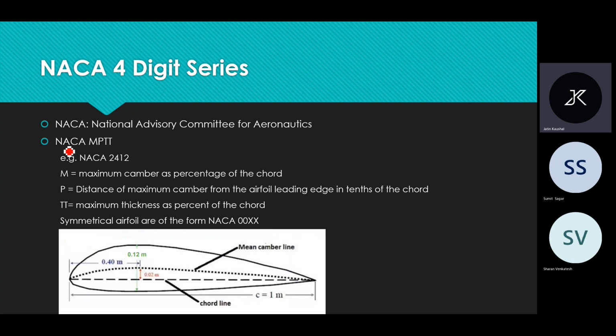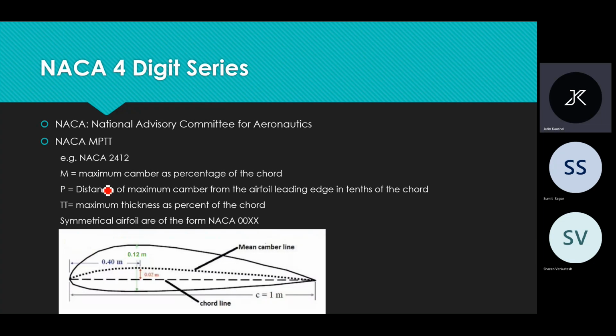The basic structure of the 4-digit series is NACA MPTT, for example NACA 2412. What is MPTT? You will know the structure of the airfoil by now. M is the maximum camber as a percentage of the chord. Camber is a curvilinear line that is equidistant from the upper surface and lower surface, and the chord line is a straight line.